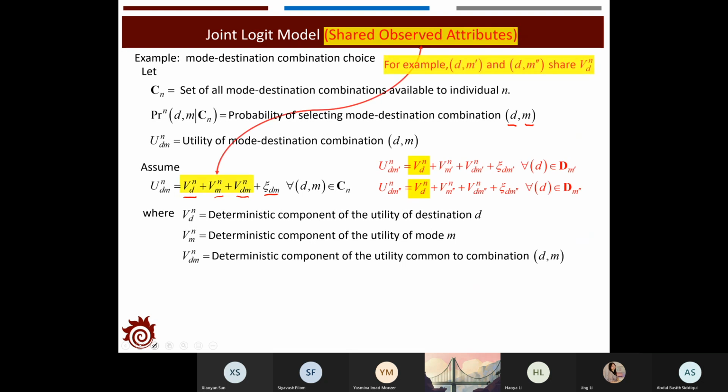And in this model, if we consider two different combinations, dm prime and dm double prime, which I can write in these two equations, you can see that these two variables for the deterministic component from destination d will be the same for these two combinations. And in that case, we say that V_dn will be the shared observed attributes.